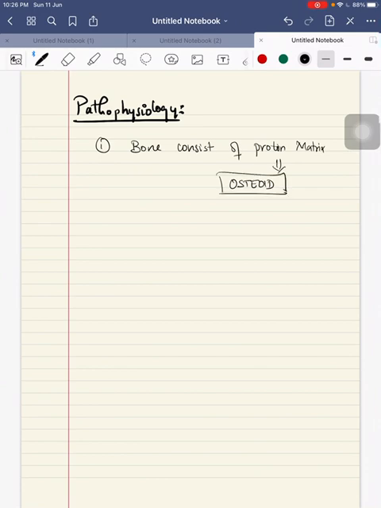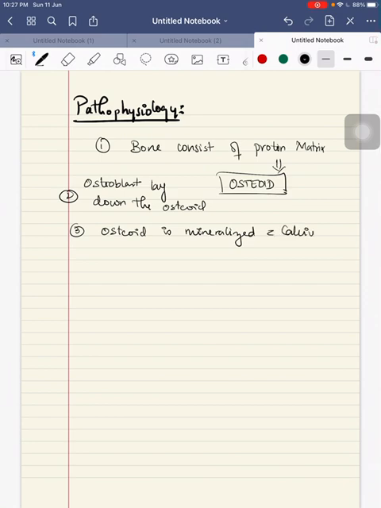This osteoid, that is a protein matrix, is laid down by the osteoblast cells. Once this osteoid is formed, it is mineralized with calcium. This is the normal process.